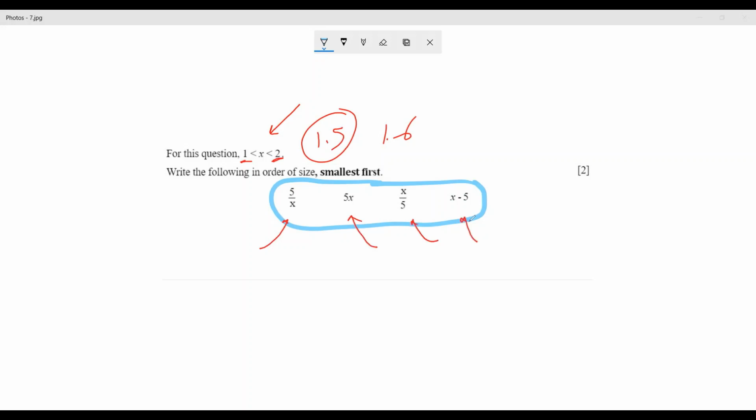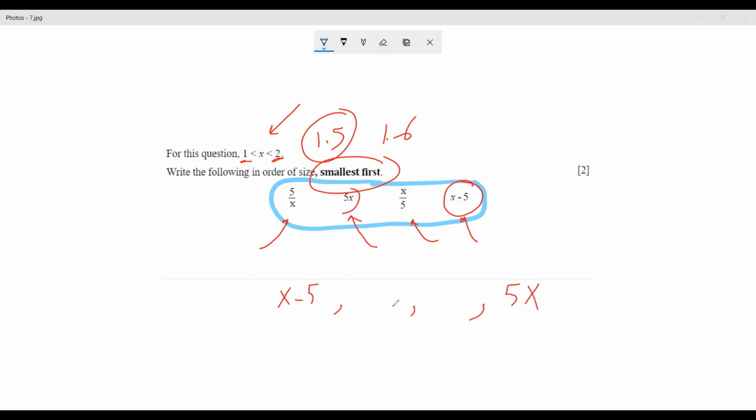Definitely this should be the smallest because this is a negative number. Whatever comes out of here is negative. So X minus 5 is number 1, since they asked for us to write it in this orderly fashion. And 5X should be largest, of course.